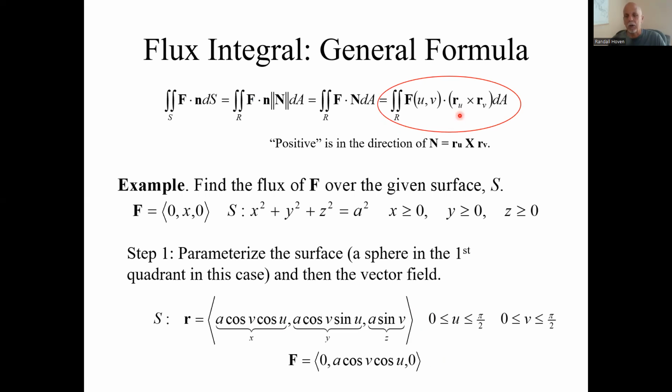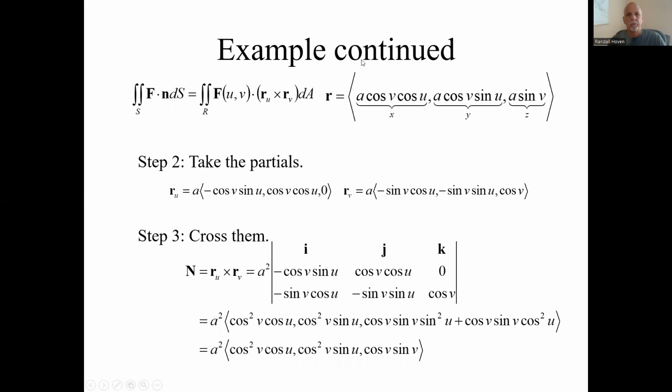Well, I take these partials. Here's what R is. With respect to u, minus sign, everything else stays the same. By the way, everything has this constant a in it, so we can pull it out front. This with respect to u will be positive cosine.